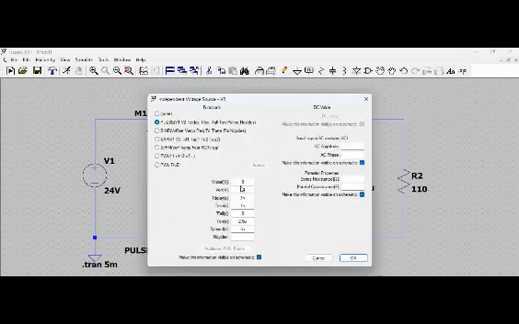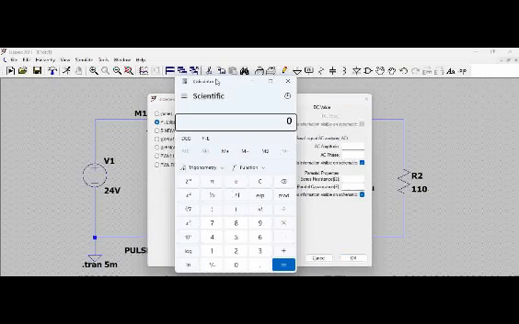The initial voltage is 0, V1 is 24, we have a delay of 1 nanosecond and a rise time of 1 nanosecond. The fall time, if you want, you can keep, and we have a time period of 5 microseconds. So what does this indicate? This basically is the switching frequency of the inductor.